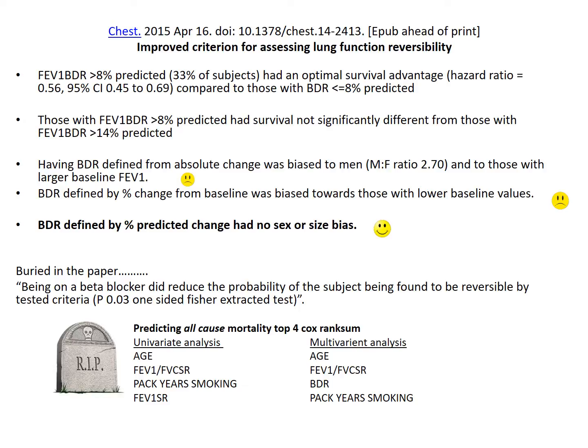How about when they compared to the other published recommendations? They found that using our current ATS ERS one, using the absolute change and the percent change, was biased, usually to males because they have larger lungs, and to more severe disease.